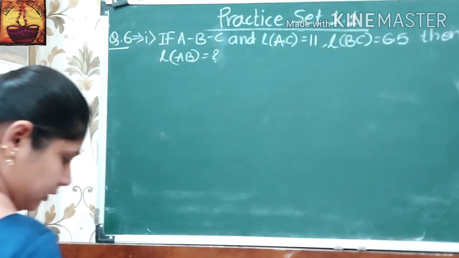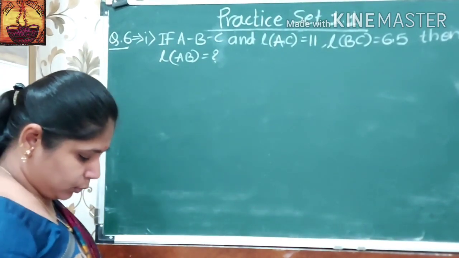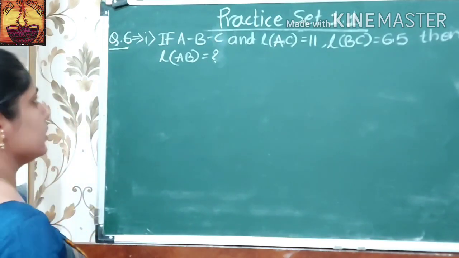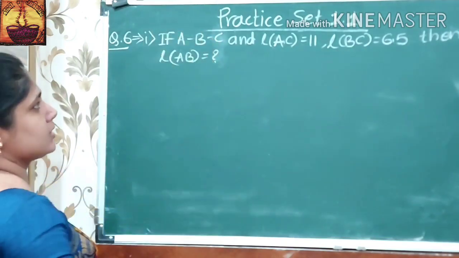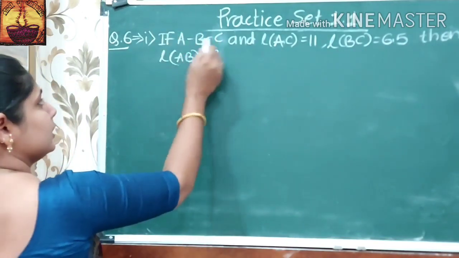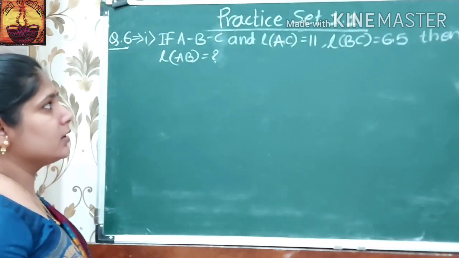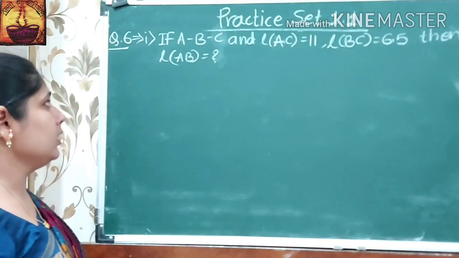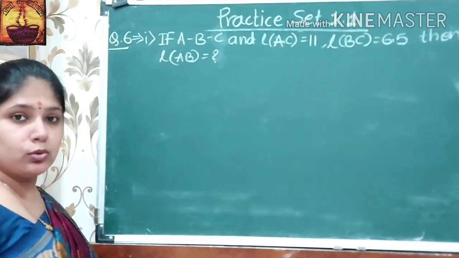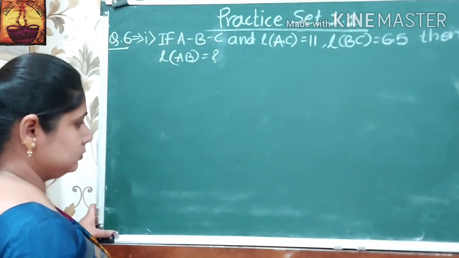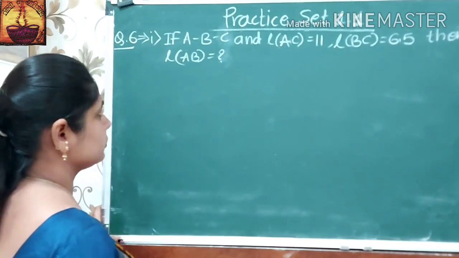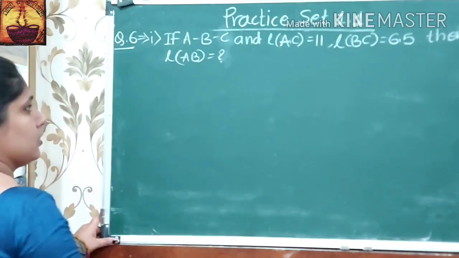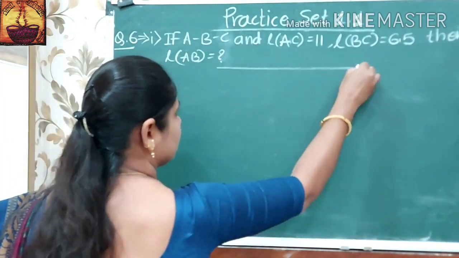Now, the sixth question is: sketch a proper figure and write the answers of the following questions. First question: if A-B-C, it means point B is between A and C, and length AC is equal to 11, length BC is equal to 6.5, then length AB is equal to how much? For finding the length AB, first we have to draw a line.